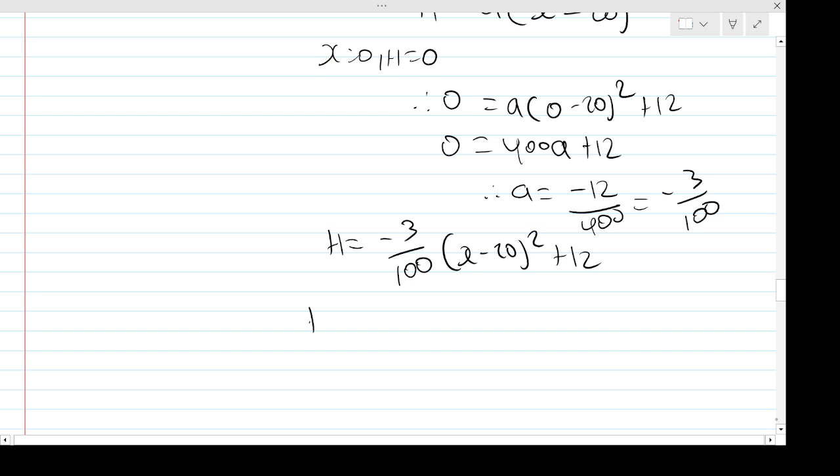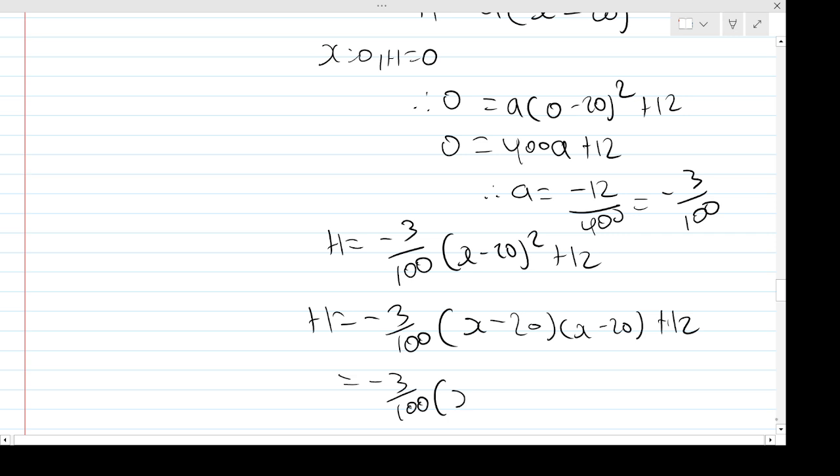If we expand this out then, so h would be minus 3 over 100 of x squared. So remember, x minus 20 is x minus 20 squared. I'll write that here actually, plus 12. If I expand this out, I'm going to get x squared minus 20x minus 20x, that would be minus 40x, add 400, plus 12.